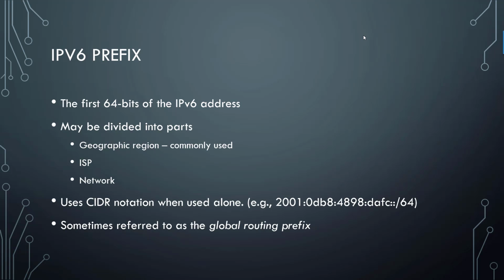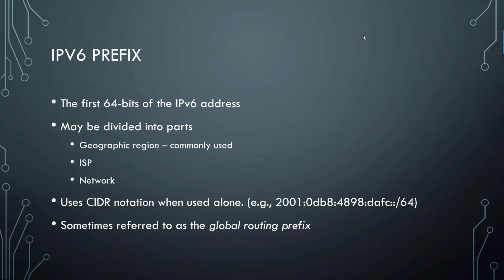However, the whole point is that the prefix is unique to a certain network. So there are no NAT tables used in IPv6 because the prefixes are all unique.